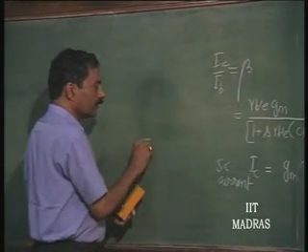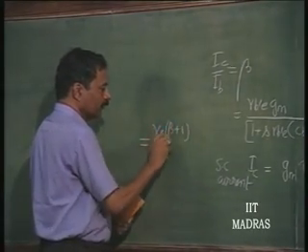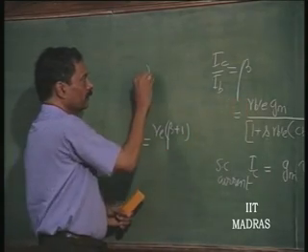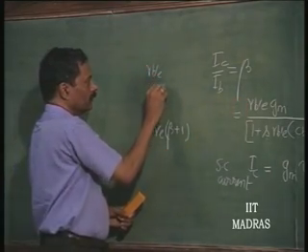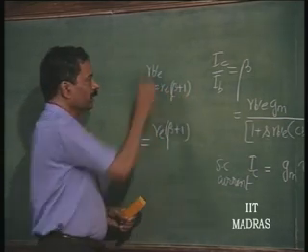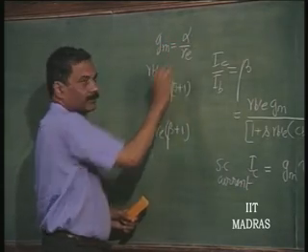This is equal to RE into beta plus 1. And what is GM? Alpha by RE.